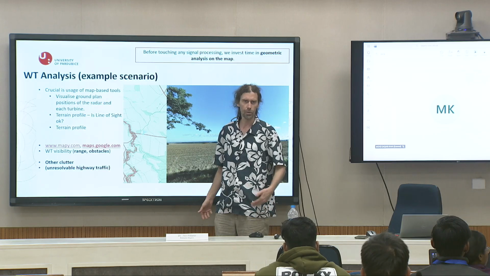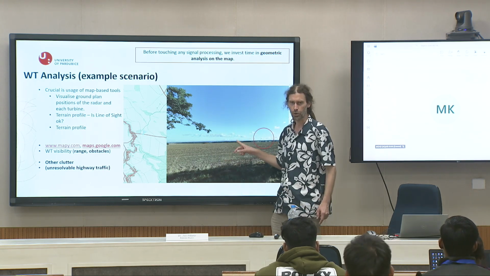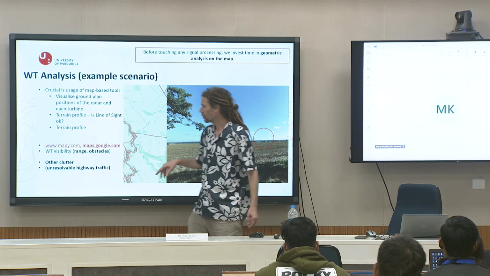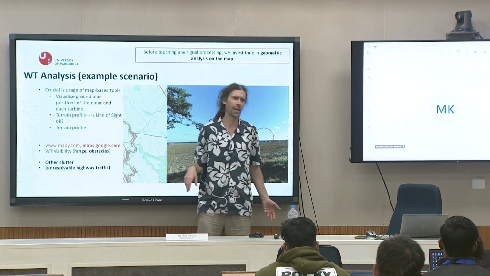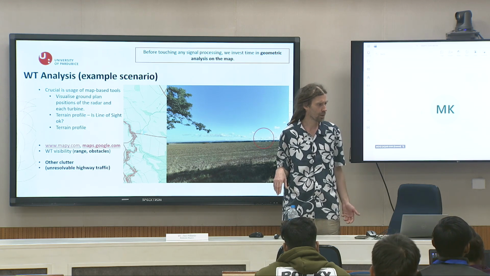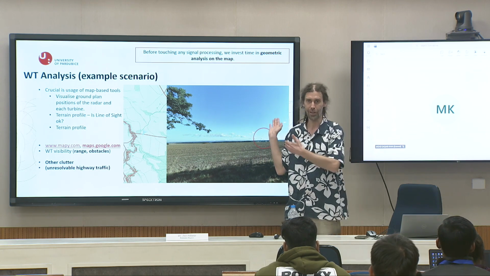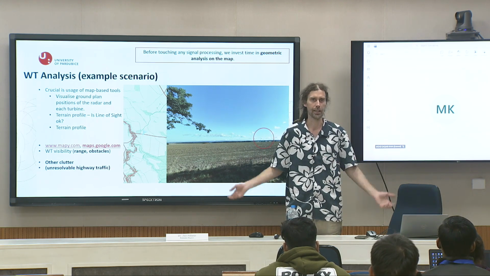So for this reason you always need to check carefully, and for sure this helps you. Because there you can have some obstacles, there can be even some new buildings, barns, if you are in agriculture, anything.